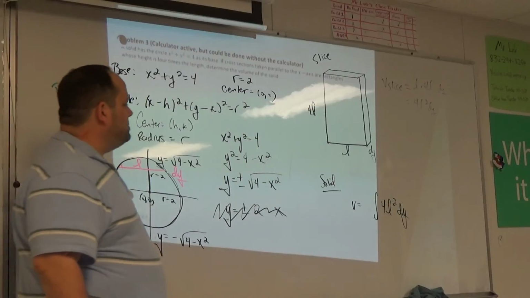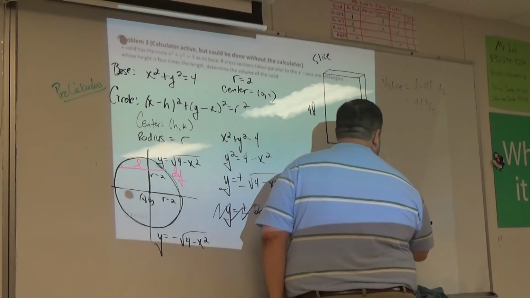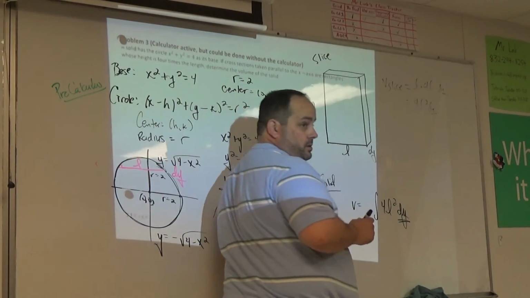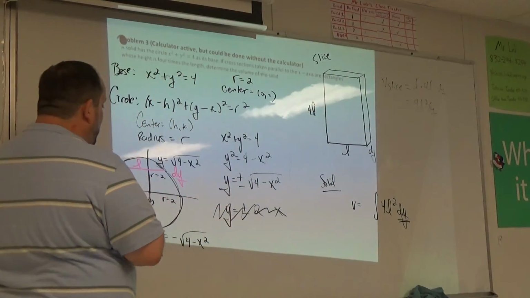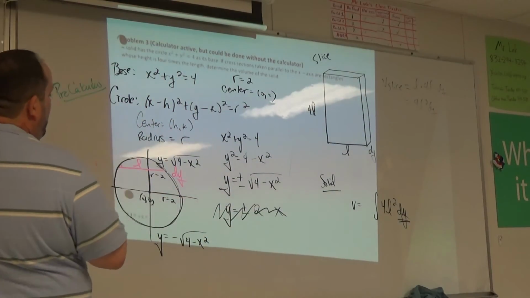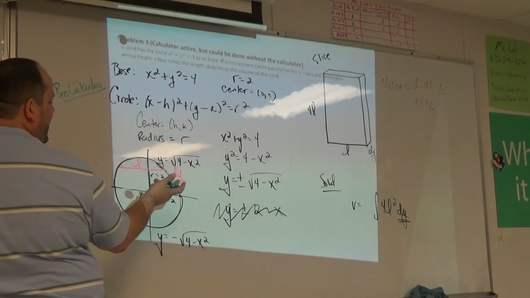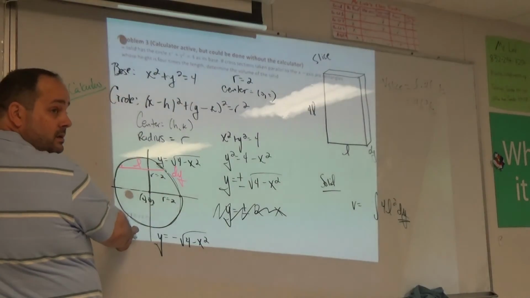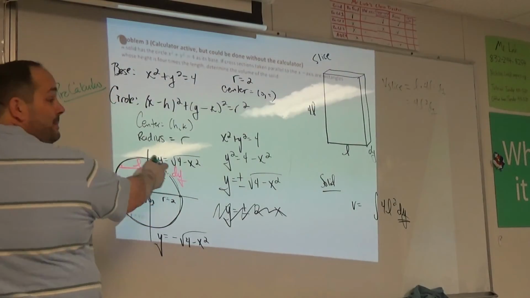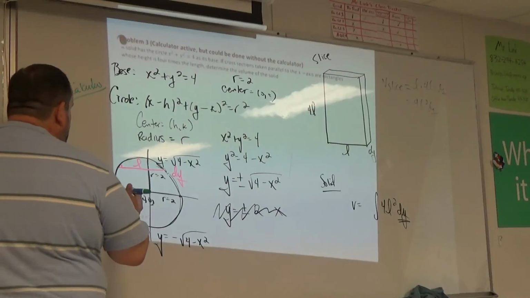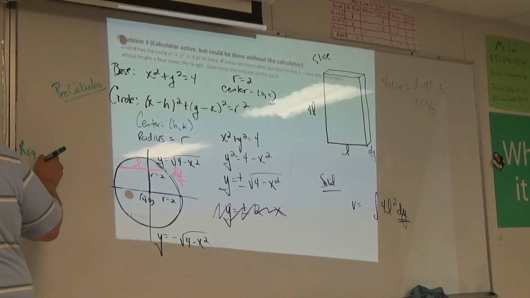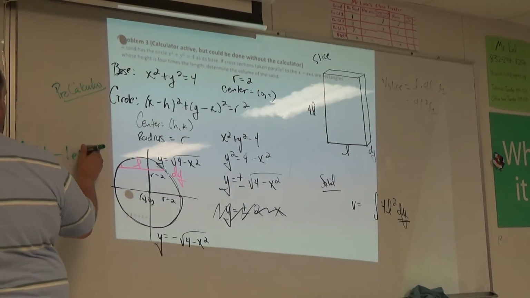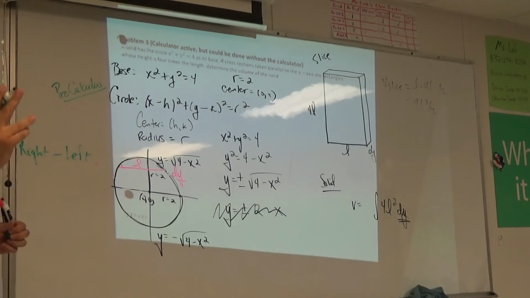A couple of the groups have figured out that the key is this is a dy integral. If you're going to work with a dy integral, then you need to be able to talk not about top minus bottom, but right minus left. If I'm in a right minus left world, then everything has to be in terms of y.